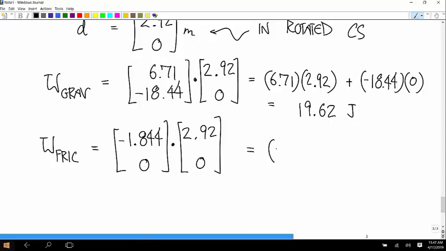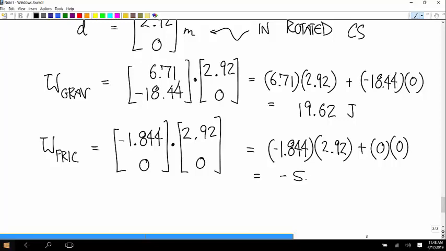And that's equal to negative 1.844 times 2.92 plus 0 times 0. And what do you get for that? Negative 5.38 joules.